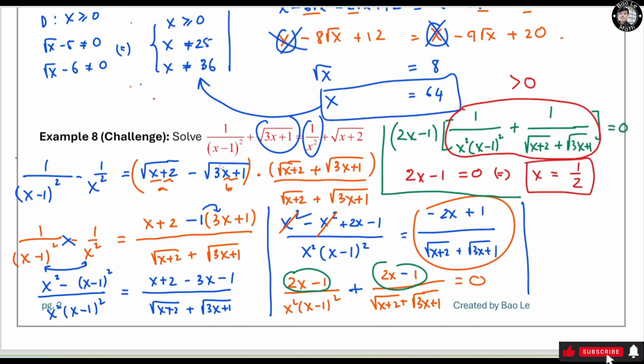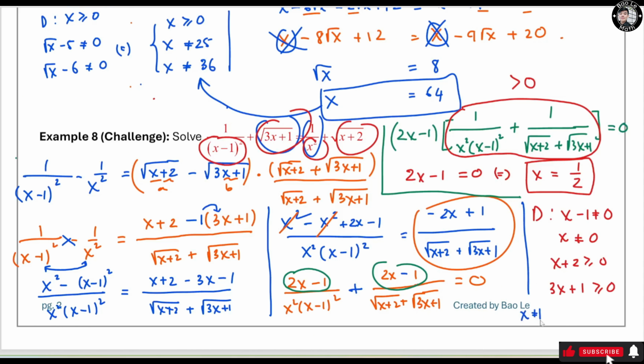Now go back over here. We need to find the domain, right? S minus 1 not equal to 0. This guy not equal to 0, so s not equal to 0. This guy greater than or equal to 0, so s plus 2 greater than or equal to 0. And this guy greater than or equal to 0, so 3s plus 1 greater than or equal to 0, right? S not equal to 1, right?